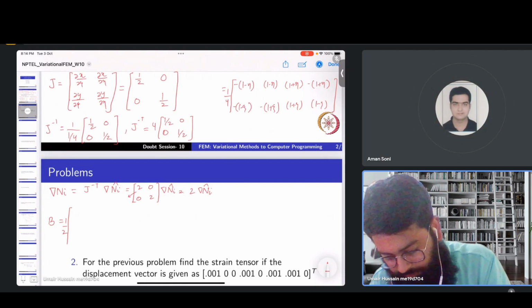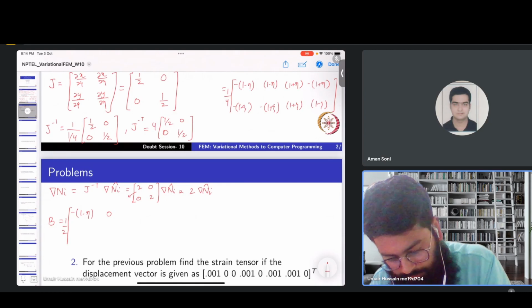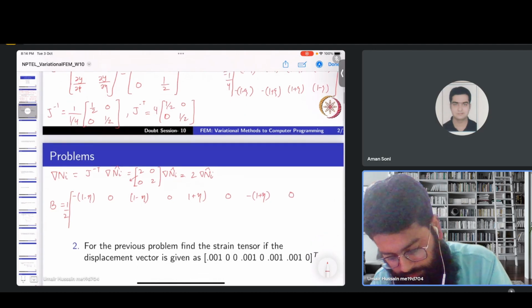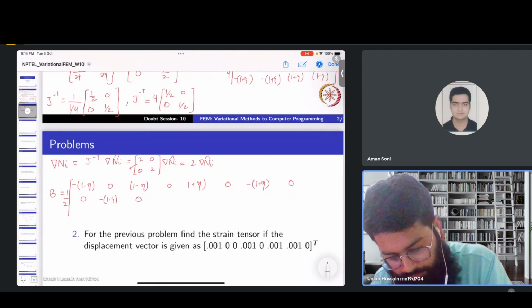So that would be 0, 1 minus eta, 0, 1 plus eta, 0, minus 1 plus eta, 0. Then we have 0, minus 1 minus xi, 0, minus 1 plus xi, 0.